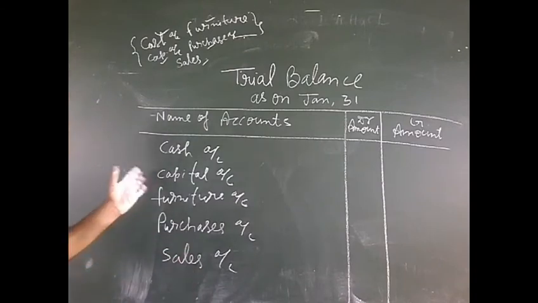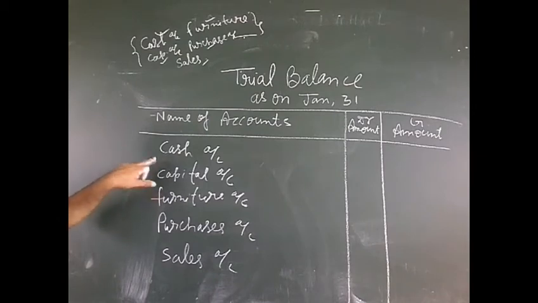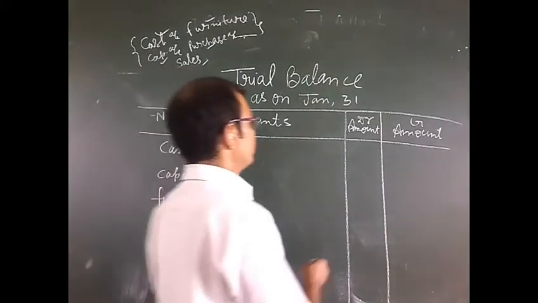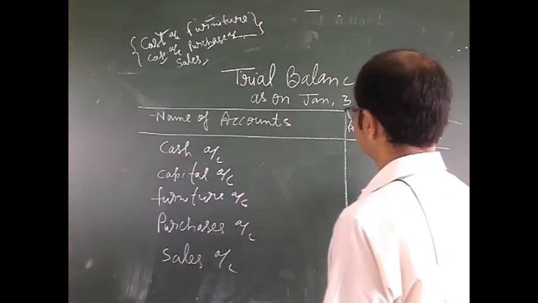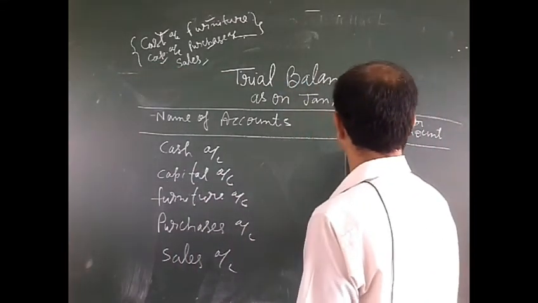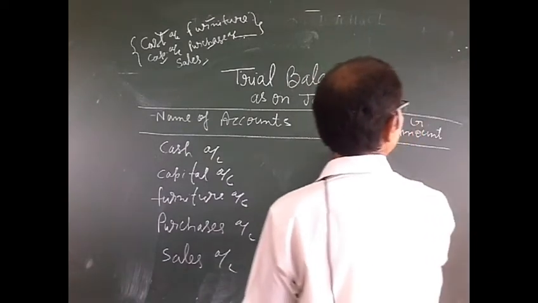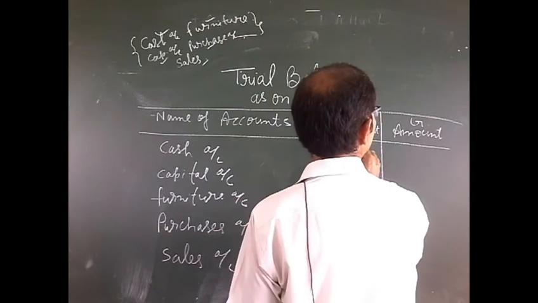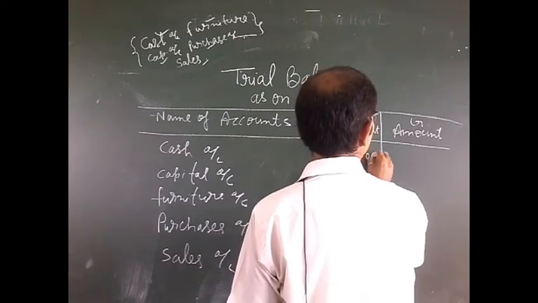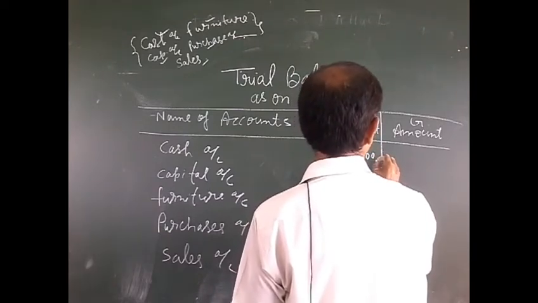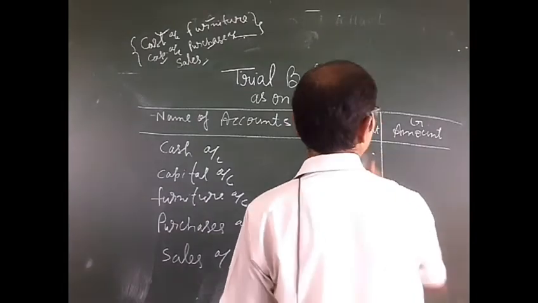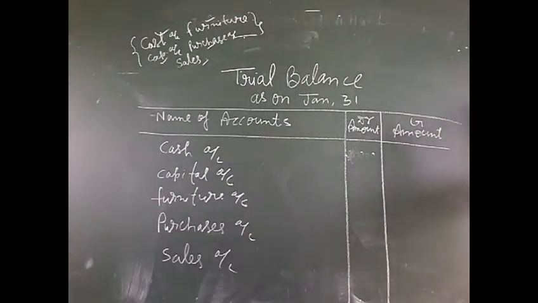Now we will see our ledger, and in ledger cash balance was written in the debit side. So you will write here in debit. And what was the balance?